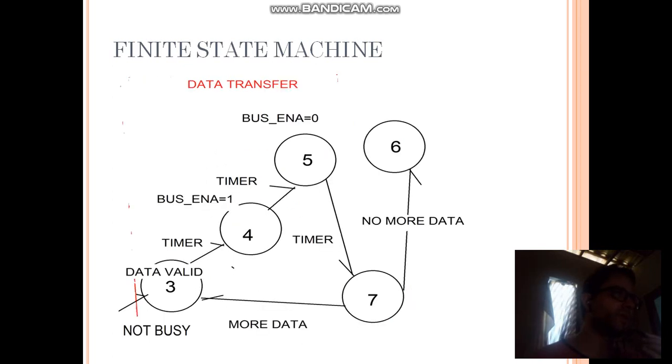In data transfer, we follow the cycle 3, 4, 5, 7, 3, 4, 5, 7, and in state 4, bus enable goes to 1 and latches the data. When there is no more data, we go to state 6.